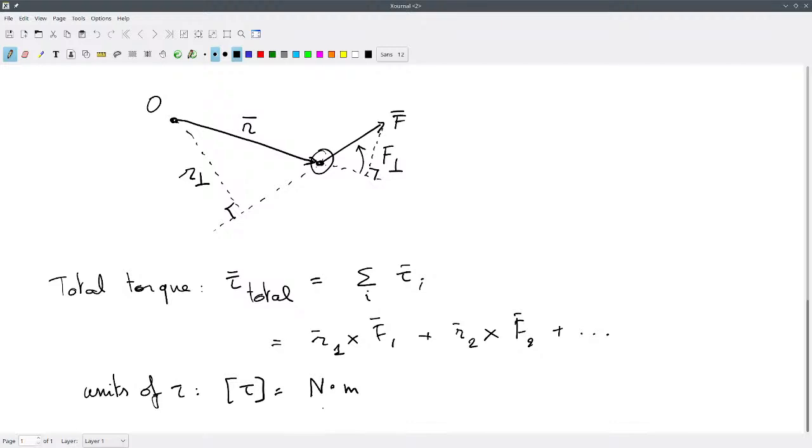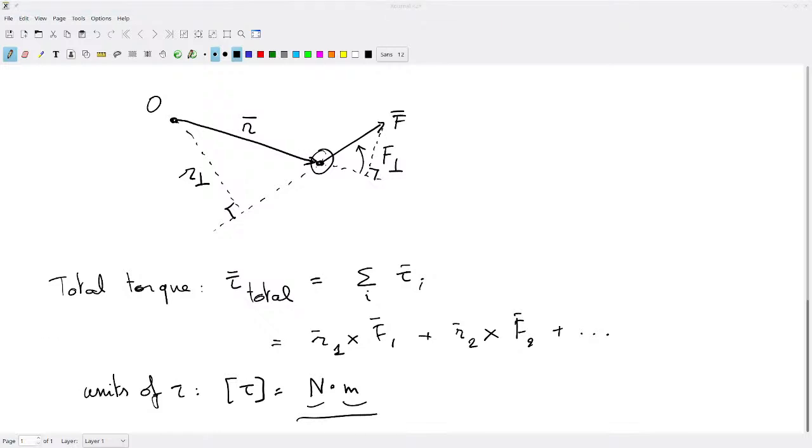Foot-pounds: the foot corresponds to the meter, the distance part. Pounds corresponds to the force. Pounds are used as a common unit for force. But it's force times distance, so the units have to be Newton meters in the SI system.